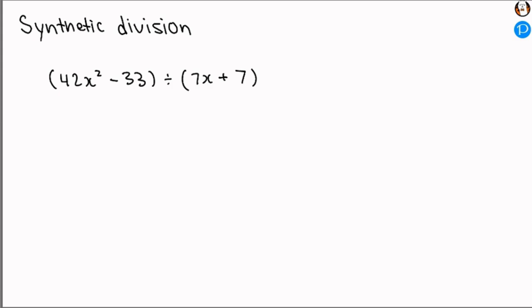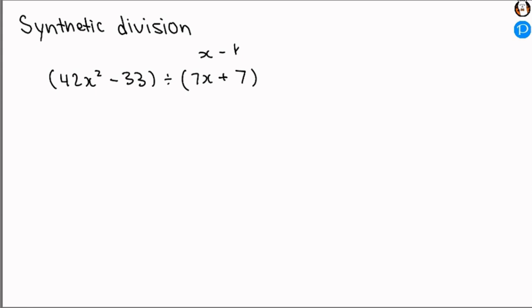42x to the power of 2 minus 33, all divided by 7x plus 7. Here we have to remember that 7x plus 7, which is going to be our divisor, needs to be in the form x minus k, where x has a coefficient of 1.